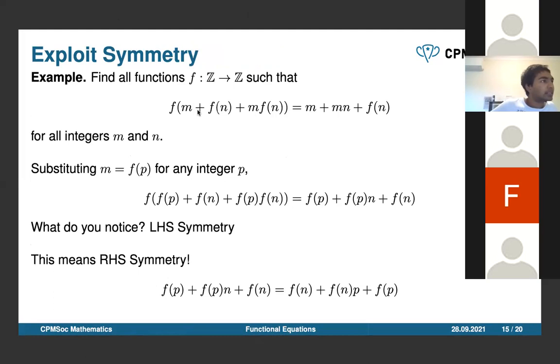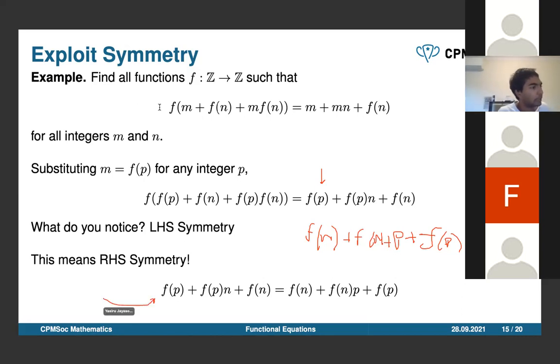Okay. So what we've observed from before, if we replace the P with the N, we have f of n plus f of np plus f of p. And this is using the same idea of A equals B and A equals C implies B equals C. So the original equation, the right-hand side is the same thing as here, the f of p plus f of pn plus f of n.